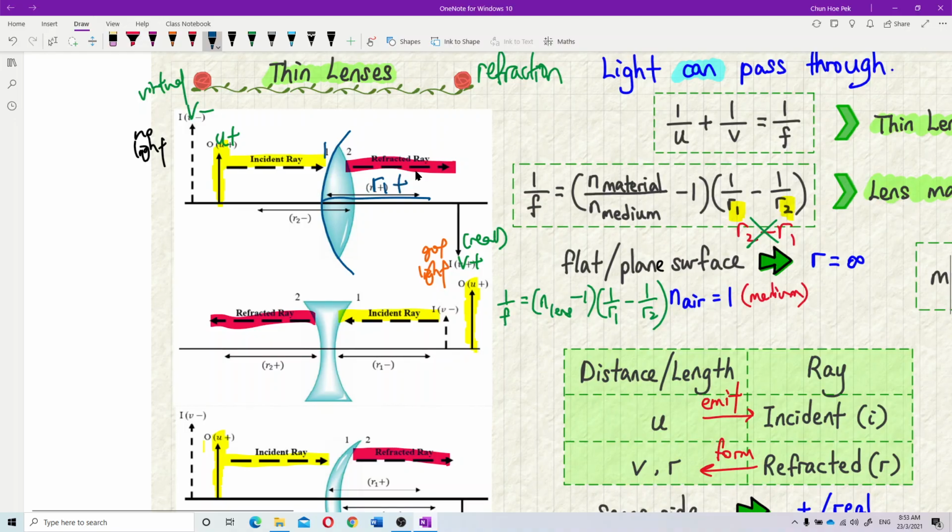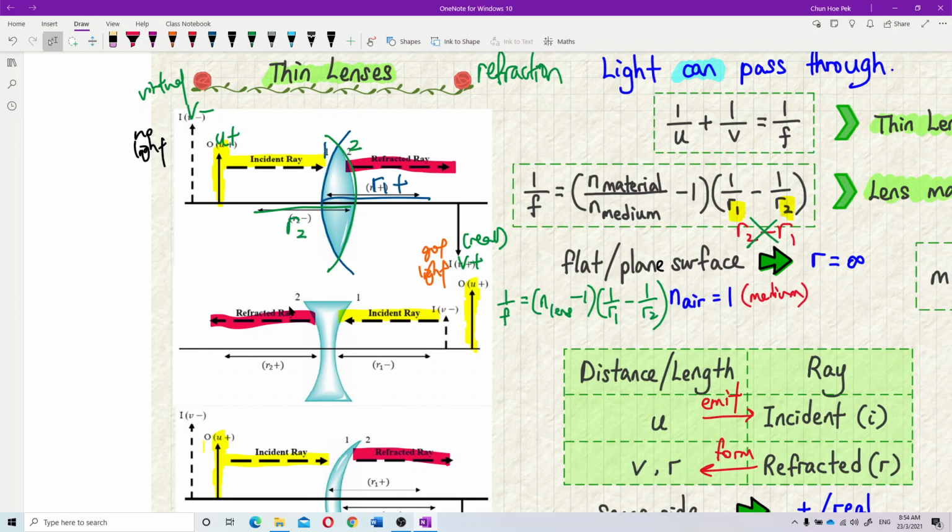Very simple. And how about the other side? This surface is surface 2. It is the second surface because the refracted ray goes out from it. On this second surface, the radius is over this side.